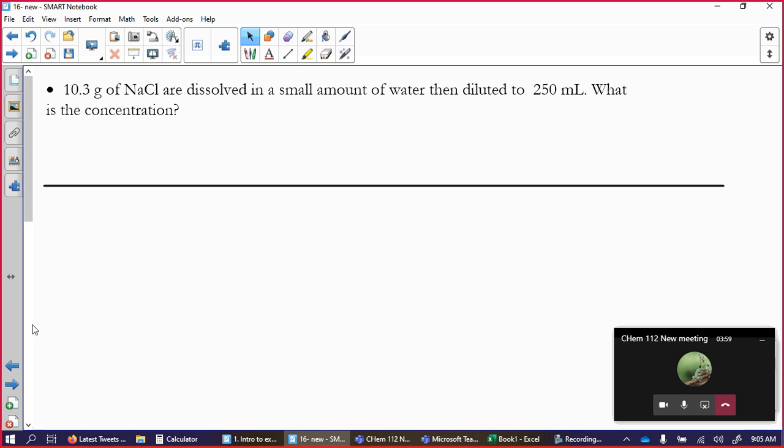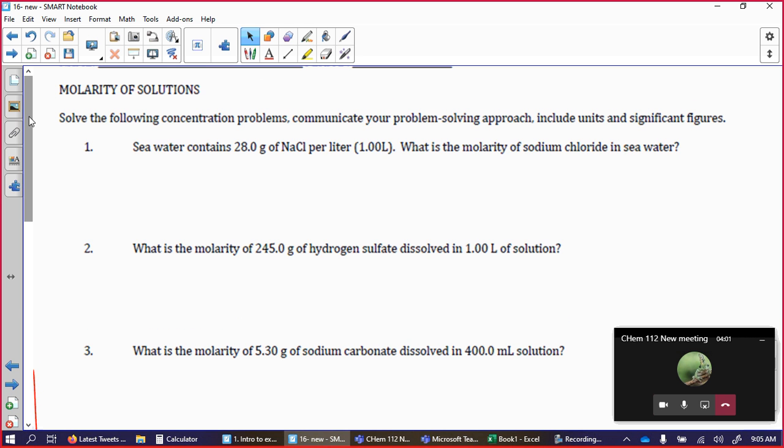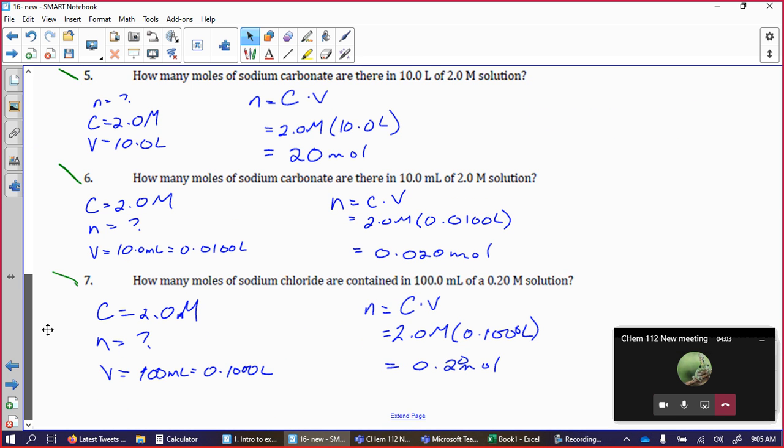And I went through how many moles of sodium carbonate are there in 10 liters of a 2 moles per liter solution? Well, concentration times volume, 2 times 10 is 20. 10 milliliters is only 0.0100 liters, so 0.02. 100 milliliters is 0.1 liter.